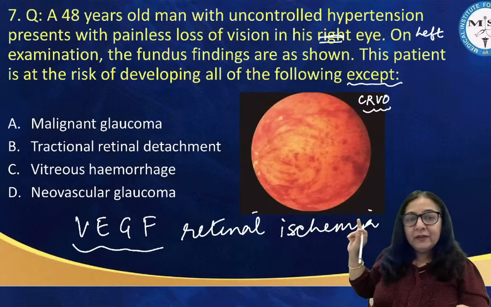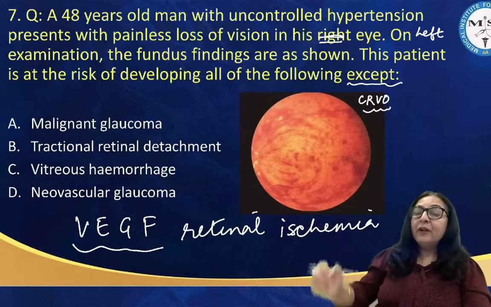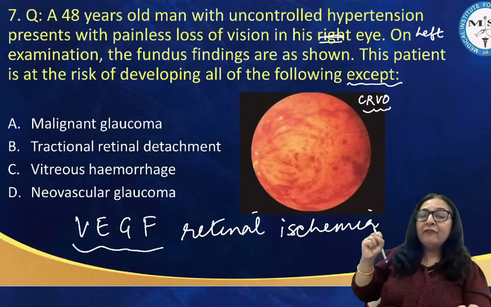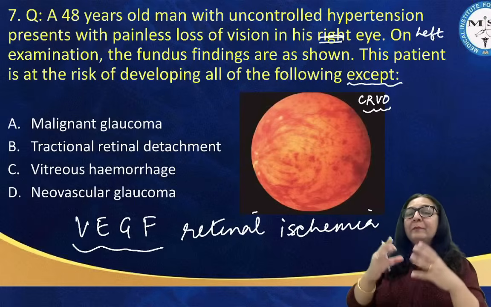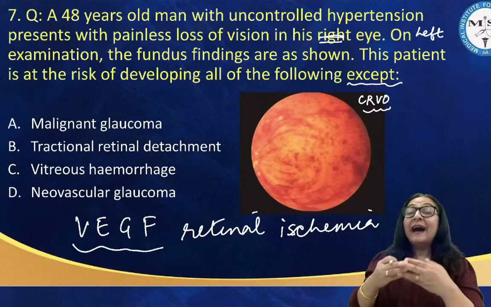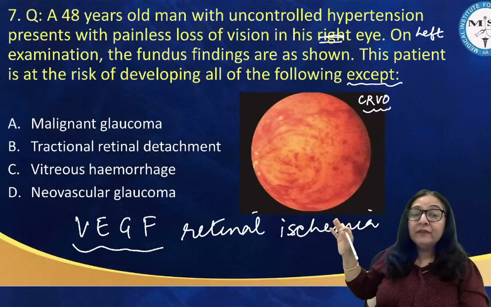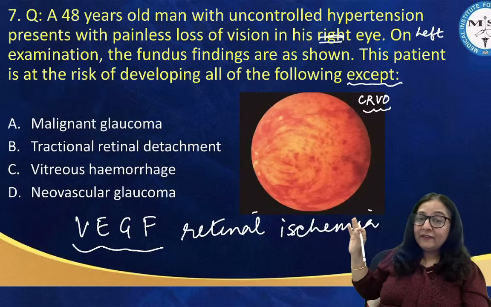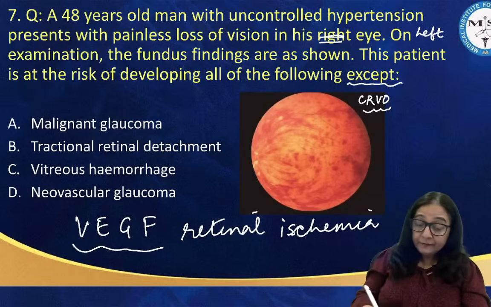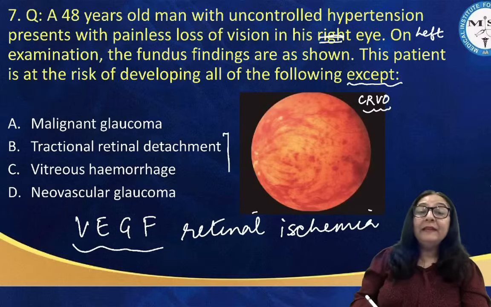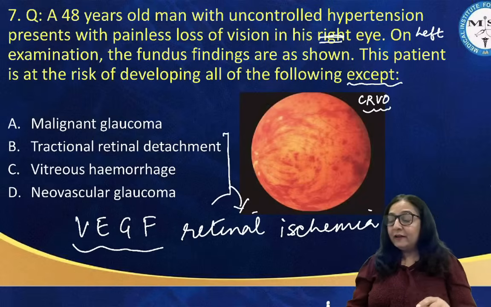Because of neovascularization, there can be vitreous hemorrhage. Because of fibrovascular membrane formation, there can be tractional retinal detachment. Because of neovessels on the iris as well as in the angle of the anterior chamber, that is rubeosis iridis or neovascularization of the angle, there can be neovascular glaucoma. So all these three complications can occur in a patient of central retinal vein occlusion.